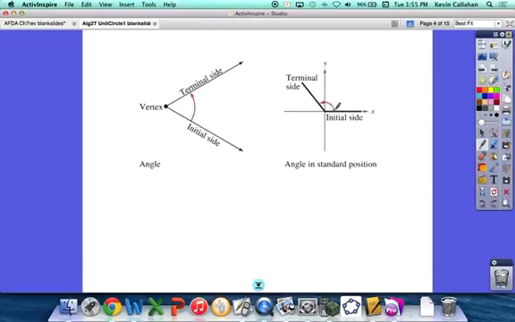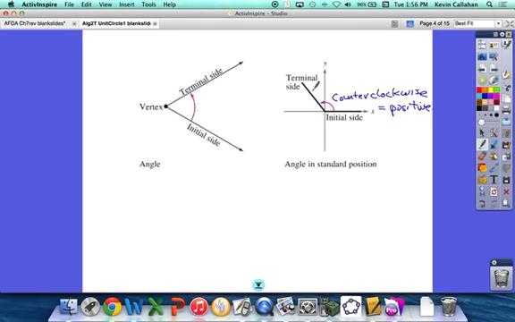The clock goes like this, so counterclockwise is like that. That is defined as a positive angle. You can have negative angles, but a negative angle would go clockwise. A positive angle goes counterclockwise.